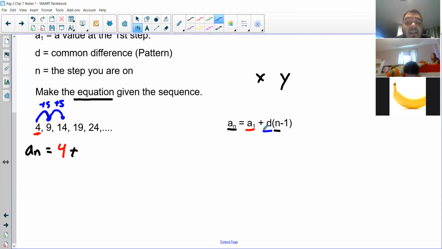So that means my d value is simply 5. And it's a +5 because it's +5. If it was going down, you would have a -5, like if it was subtract 5 each time. But it's +5. n minus 1. Remember, the n does not change because I'm just getting an equation.